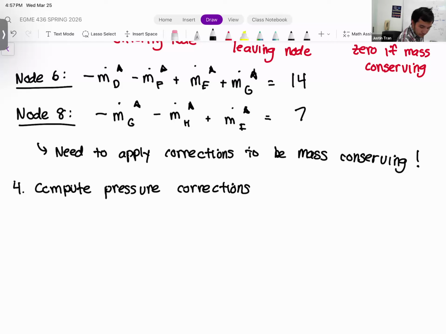So we need to basically take our continuity equation, take our momentum equation, and use those to derive equations for our pressure corrections.